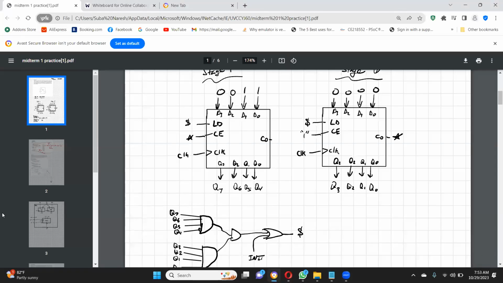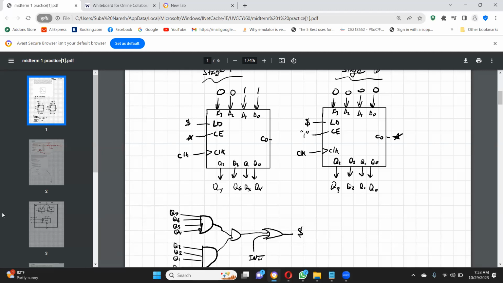So when this starts counting, it goes 0, 1, 0, 1. It will count. No, it will not count like that. See, only if the stage 0 is overflow, it will increment the stage 1, right?